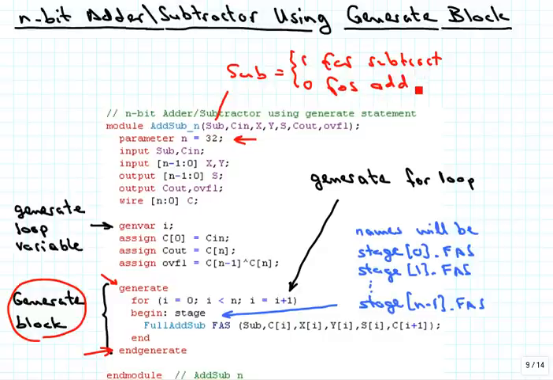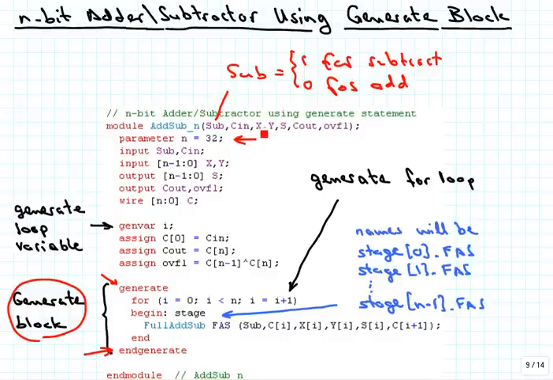And if we do use this module as a subtractor, the cin has to be set equal to 1, because the subtract itself just makes the 1's complement of the y input, and in order to make a 2's complement, we have to add in a carry into the adder, so cin has to be set to 1 if we set sub equal to 1.